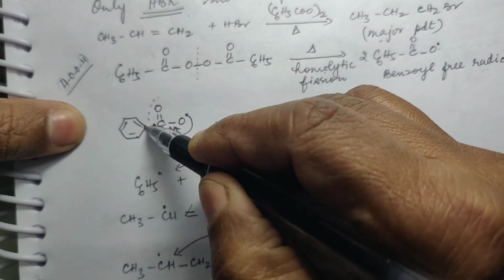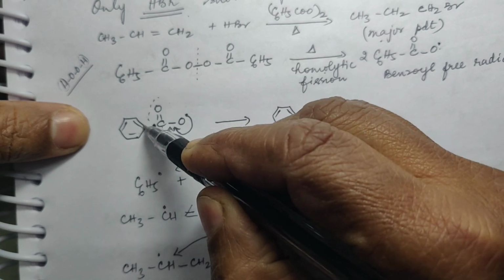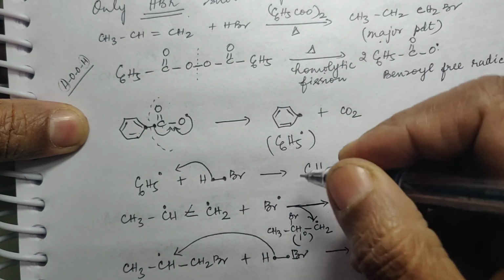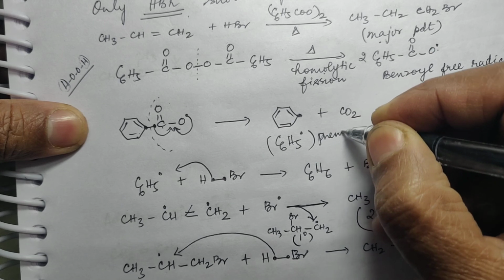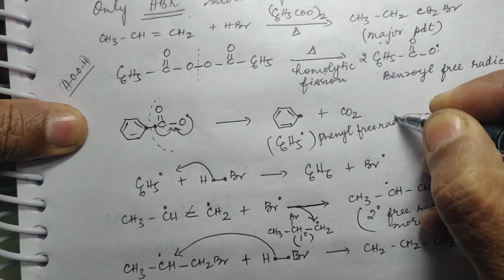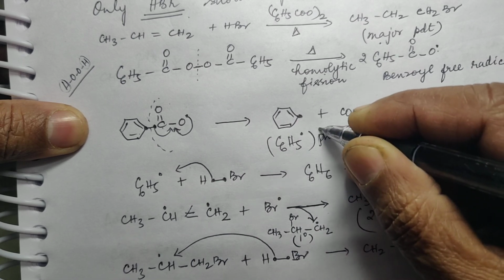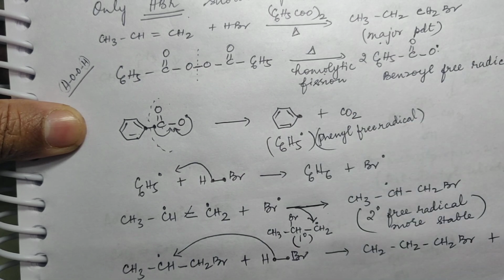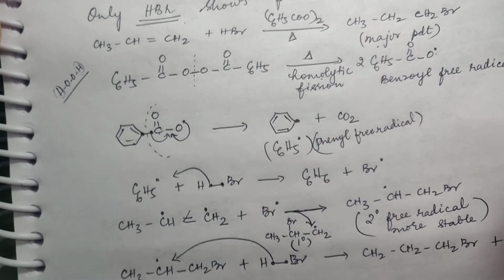So this electron will be left over on the carbon of the benzene ring. So you will get a phenyl free radical. This is called the phenyl free radical, C6H5 dot.